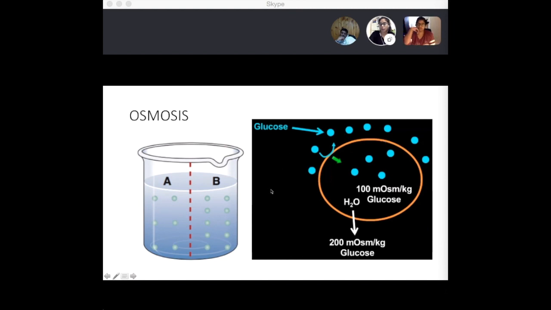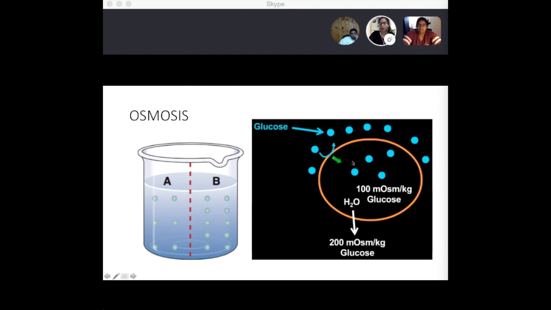So we have more particles on what side? Outside. Right, the outside, because it's, as I said, 200 milliosmoles of glucose outside. So therefore, the water concentration, where there's greater number of solute, is going to be low.